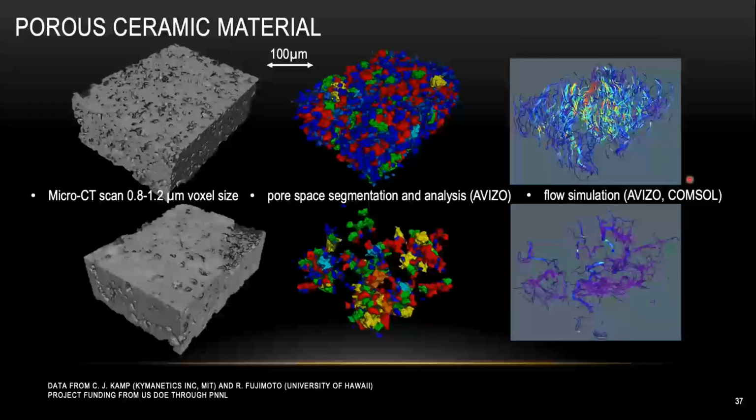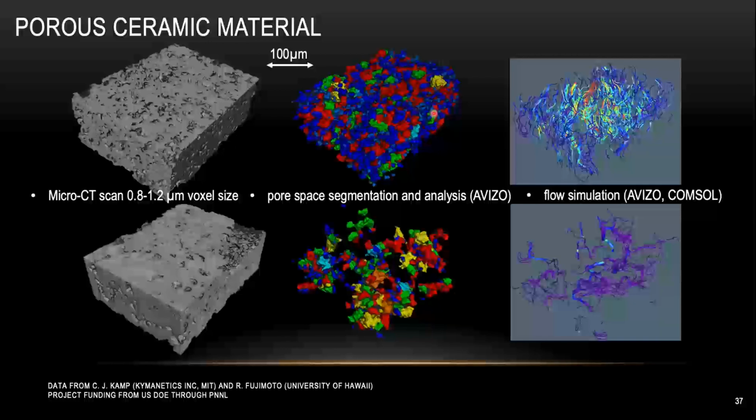That's another sample from one of our users here. He's working on a porous ceramic material for catalyst emission control applications. The first image here is some of our micro CT data. And here they determine the pores inside the material using a program called Avizo.